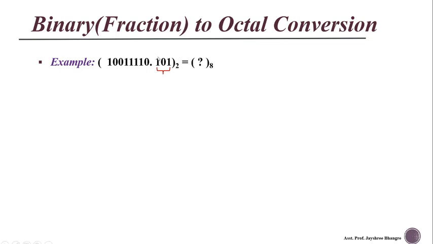So we have started from this. If there are more numbers, we move towards the right hand side. If we are unable to make a group of 3 bits for the fractional part, then we have to add 1 or 2 zeros at the rightmost side.